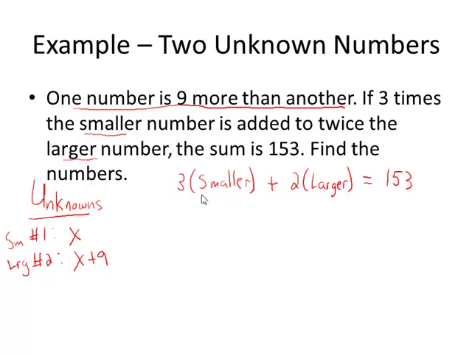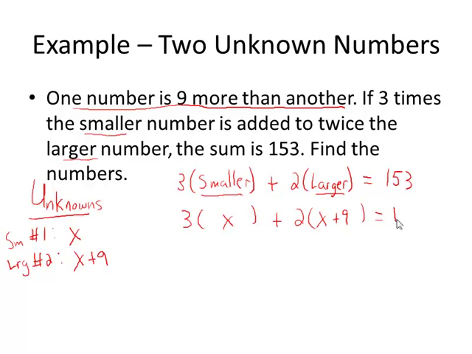All I have to do at this point is substitute variable expressions for my smaller and larger number, and I'll have my equation. In place of the smaller number, I'm going to put in x because that was my smaller number. In place of the larger number, I'm going to put in x plus 9 because that was my larger number.